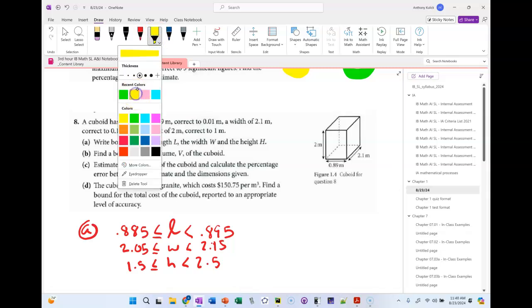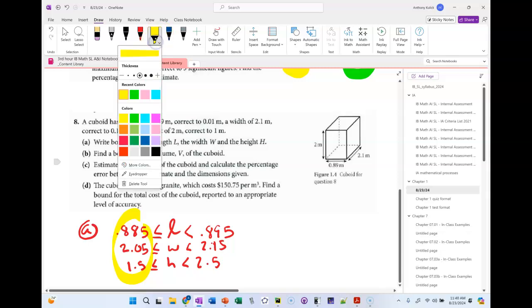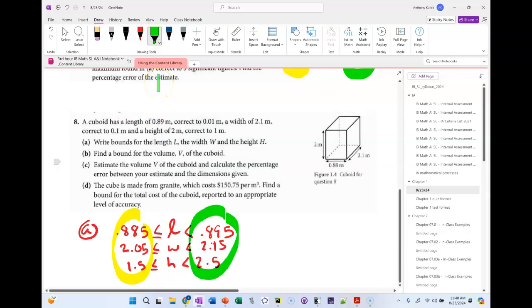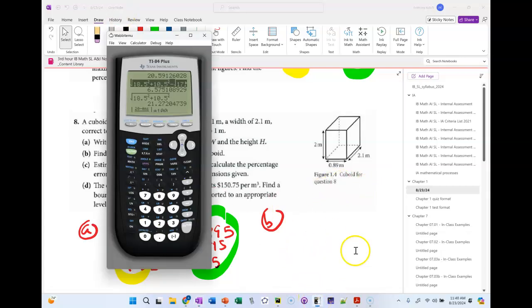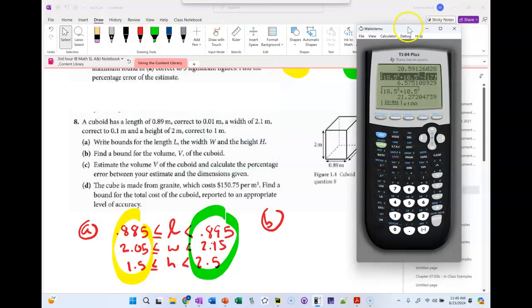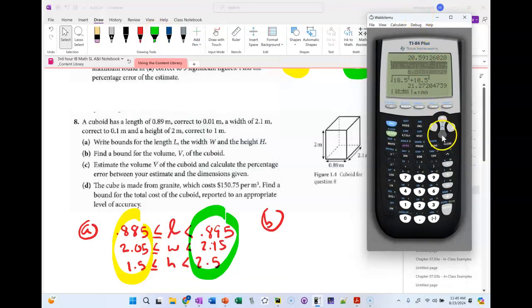To get the bound, I'm going to calculate the volume once with those numbers, and then the volume again using those numbers. Hopefully you remember the volume for a cuboid is just length times width times height, right? If you didn't, don't worry. If I asked you to do a calculation to get a bound on a value, I would give you the formula in the problem.